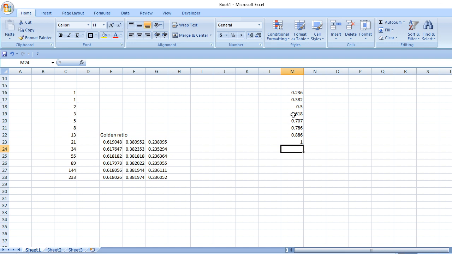Now if you take the reciprocal of this, that means 1 by 0.886, what is that? It's 1.128. So there are some more ratios which come in the series. I'll tell you what they are called. Okay, first let me make a note of this.